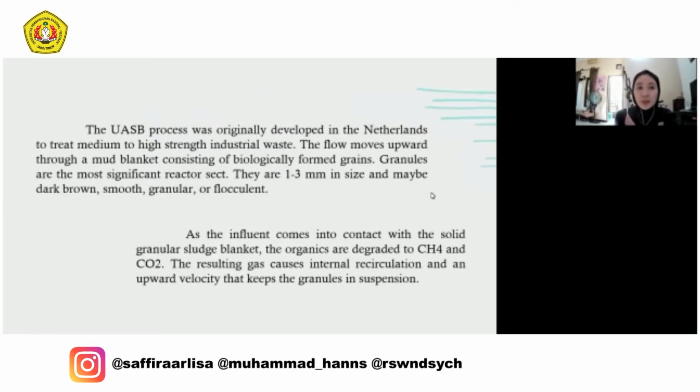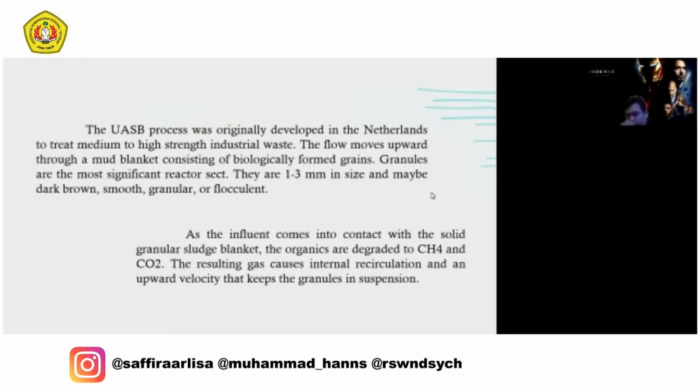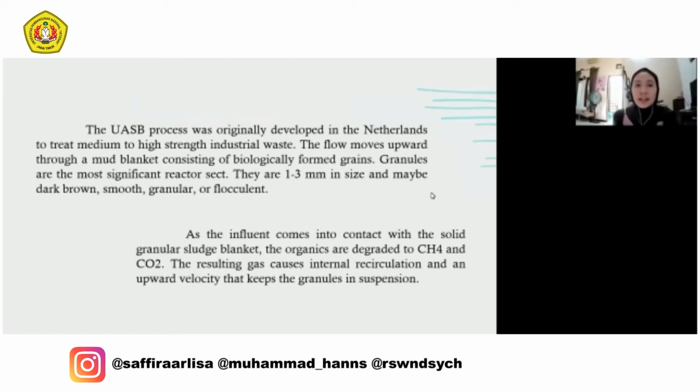Next, the UASB process was originally developed in the Netherlands to treat medium to high-strength industrial waste. The flow moves upward through a sludge blanket consisting of biological granules. Granules are the most significant reactor feature. They are 1 to 3 mm in size and may be dark brown, smooth, granular, or flocculent.